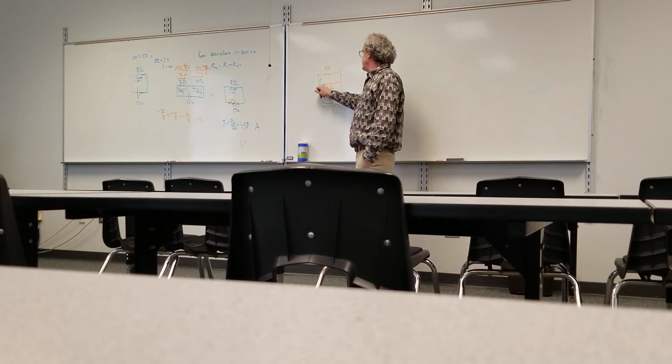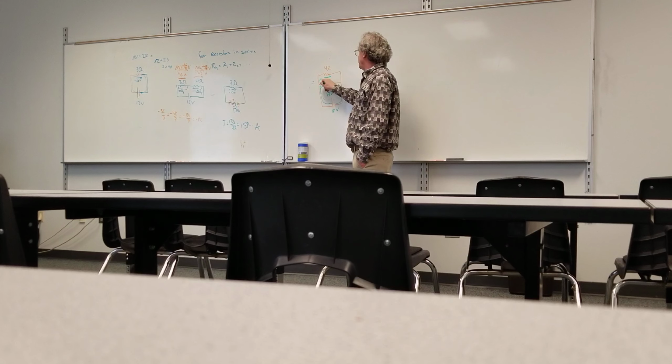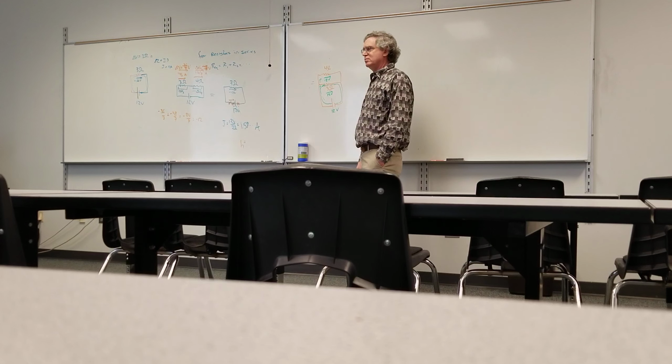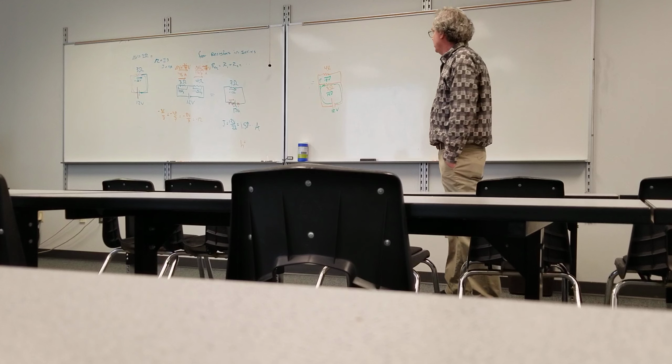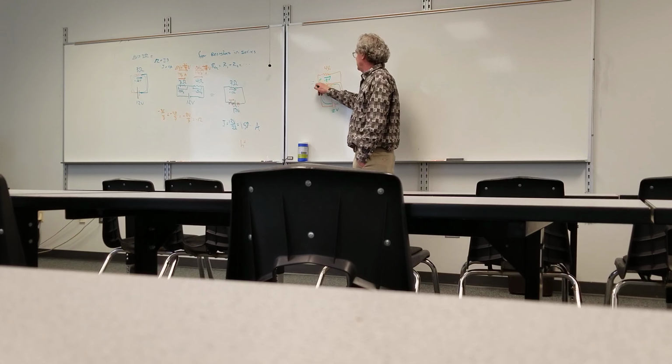If I go this path right here, I'm going to lose potential across that, get back to 0. So if this is a 12 volt battery, going across this way, I'm going to lose 12 volts going across the 3 ohm resistor. I'm also going to lose 12 volts going across the 4 ohm resistor. Part of what in parallel means is it's the same potential difference across both, between junctions.